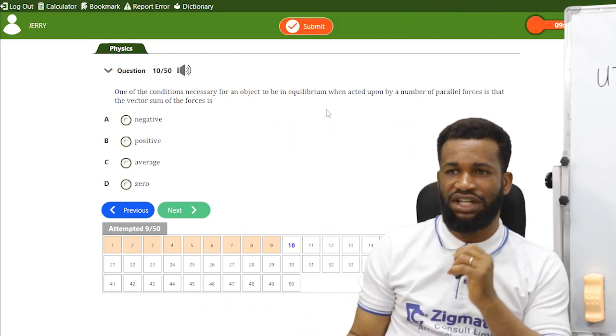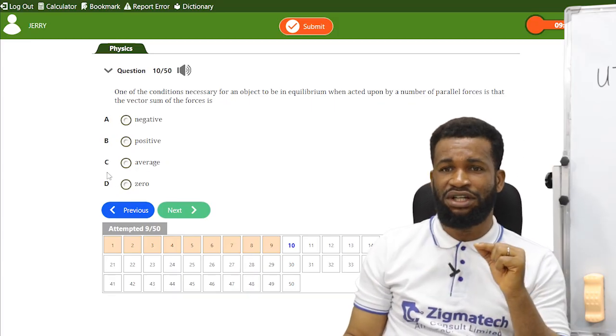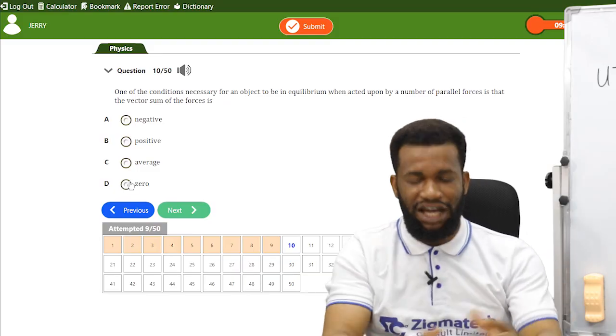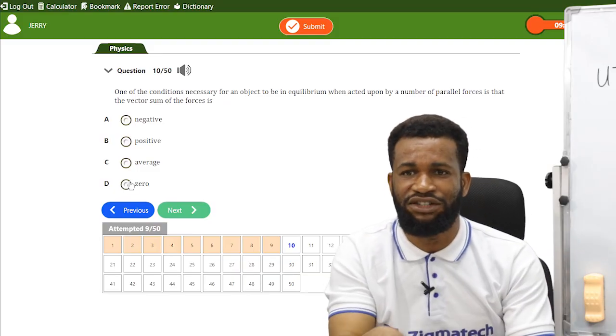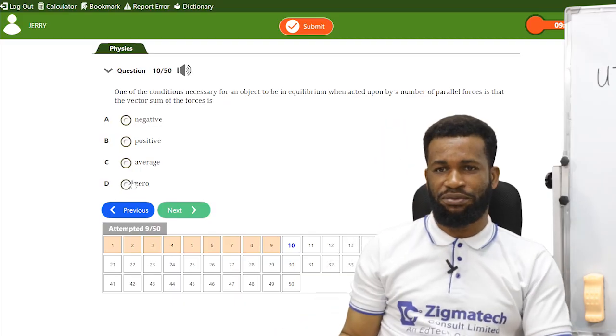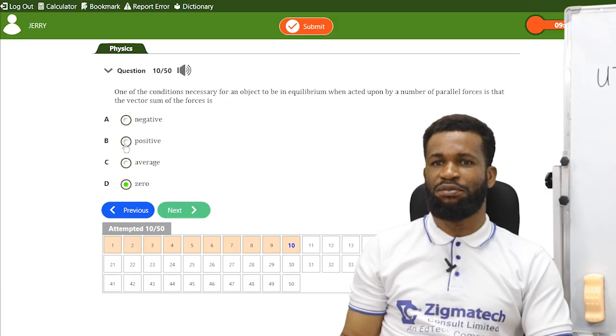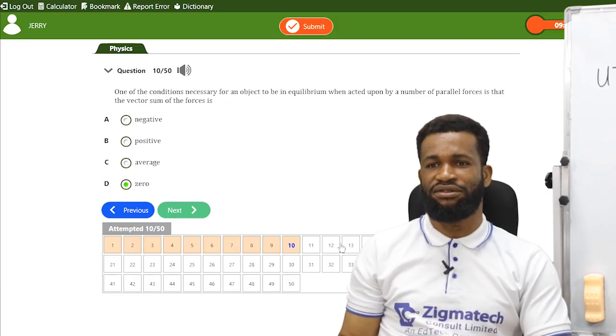So for a body to be in an equilibrium, the sum of forces acting on the body must be 0. And that means the body is not accelerating. So that is why the sum of the forces is going to be 0. So the option is D. It cannot be negative. Neither will it be positive. It's not average, so it's 0.